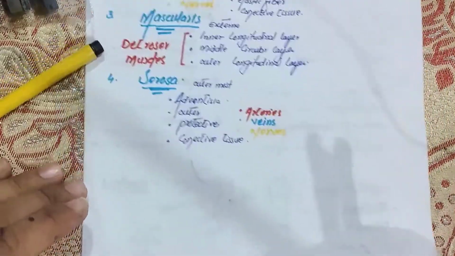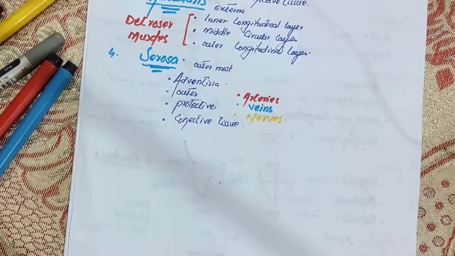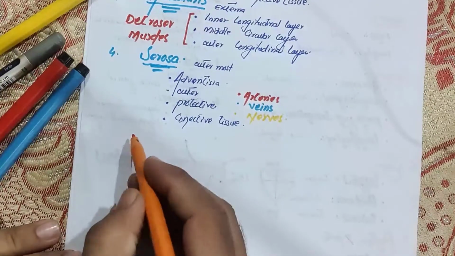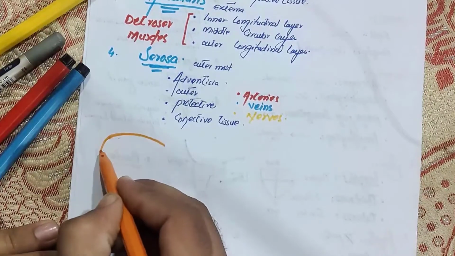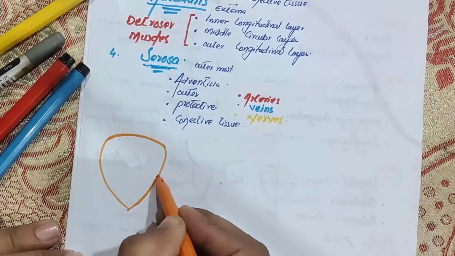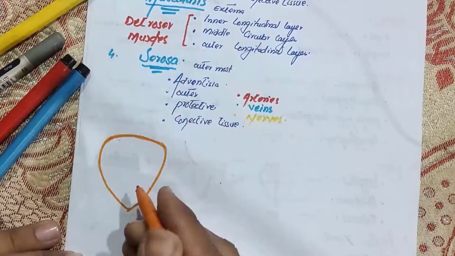Now let us clear this doubt in this diagram here. For example, we have our urinary bladder here. Let me make the urinary bladder with this color. We are looking at it from the superior surface.